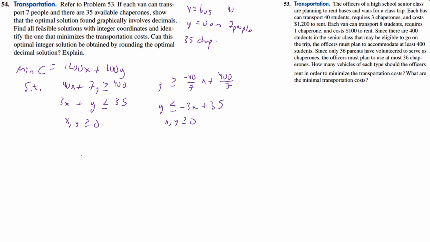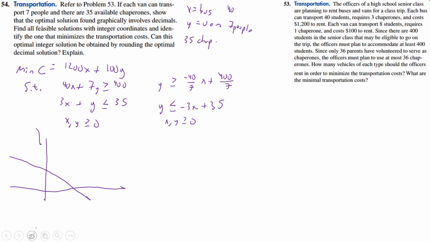All right, so graphically, we're just going to draw a rough sketch and then we'll go from there. Let's see, 7 goes into there. So 35 is going to be at a smaller angle. So it's going to come down something like that. This one's going to come down at an angle.